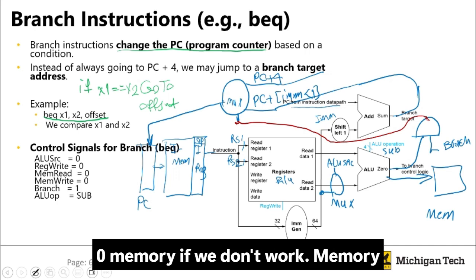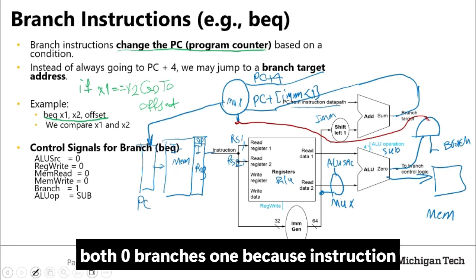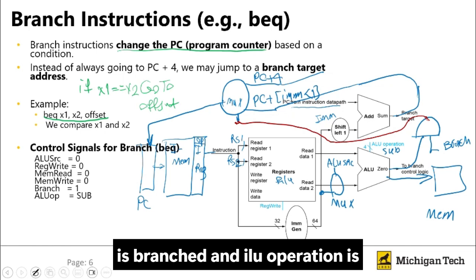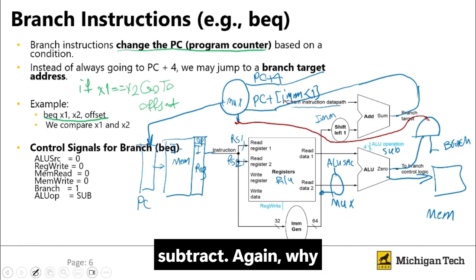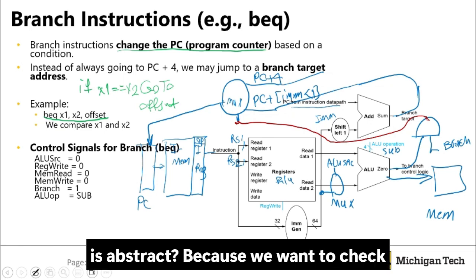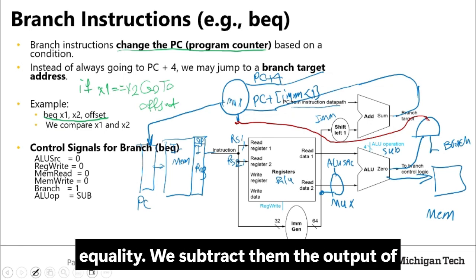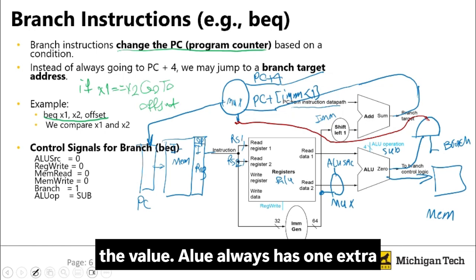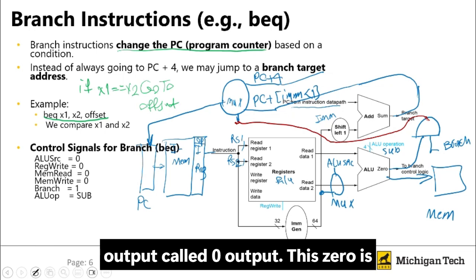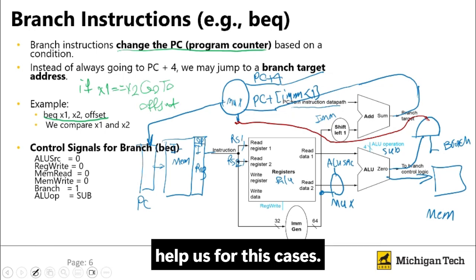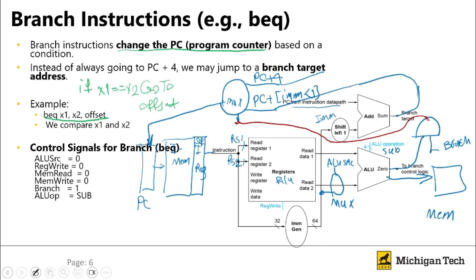Memory read, we don't work with memory, both 0. Branch is 1 because the instruction is branch, and ALU operation is subtract. Again, why subtract? Because we want to check equality. We subtract them. The ALU always has one extra output called the zero output. This zero helps us for these cases.